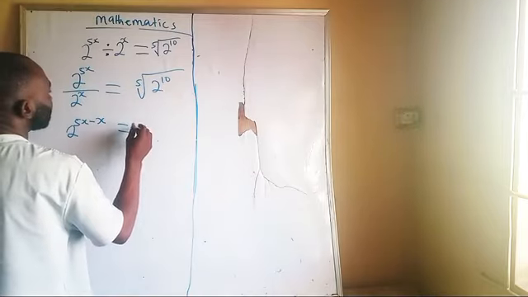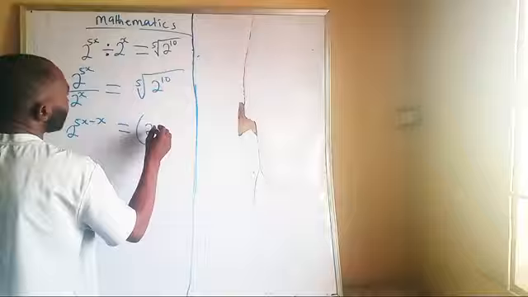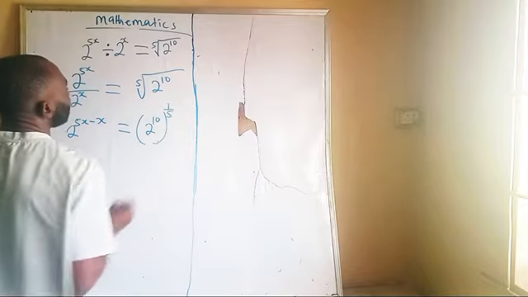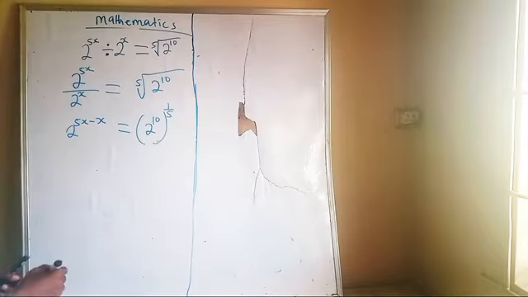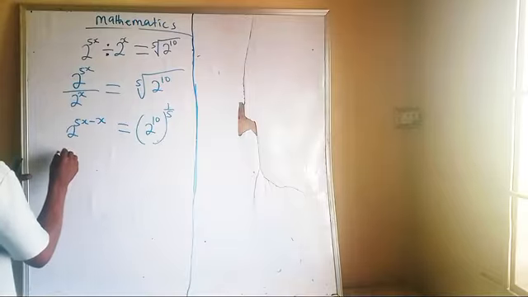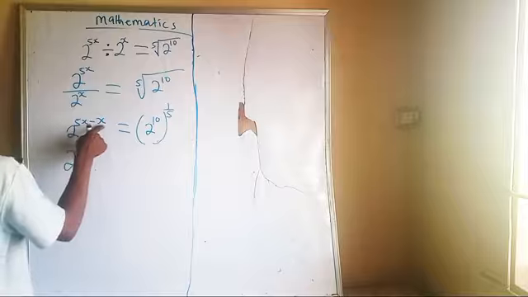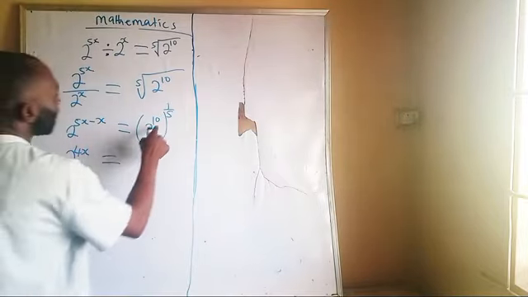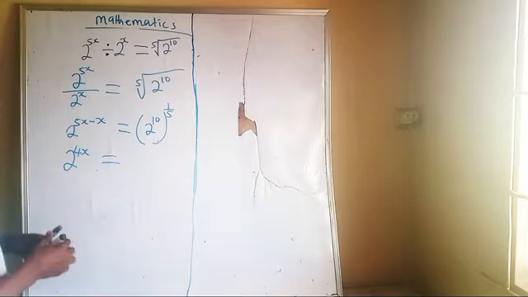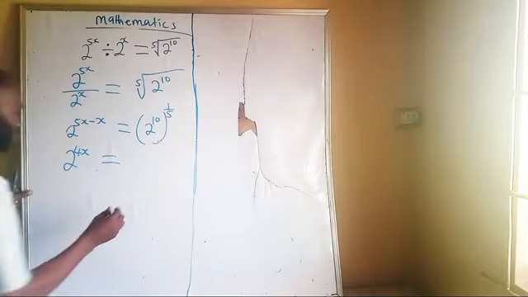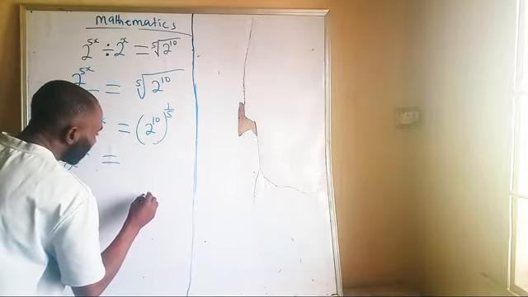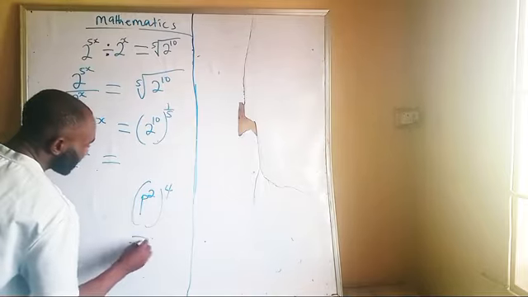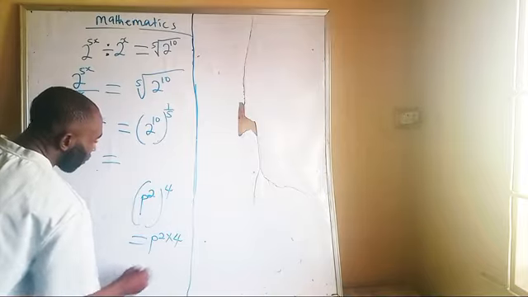So with that, that's the law we apply, the law of fractions. So this is the same thing as 2 raised to the power of 10, and raised to the power of 1 all over 5. Then here we have it that 5x minus x will give us 4x, and this is equal to, and here too we still use the power law, which states that if p raised to the power of 2 is raised to the power of 4, this is the same thing as p raised to the power of 2 times 4.